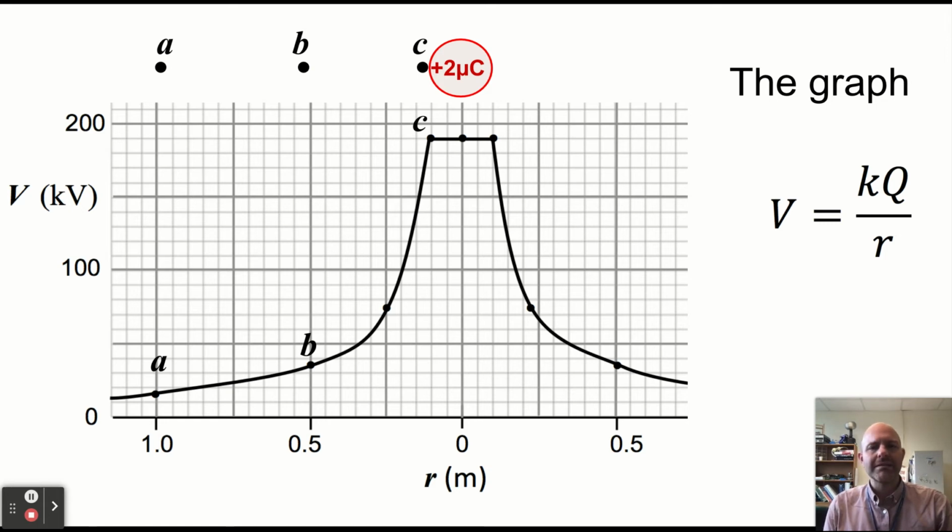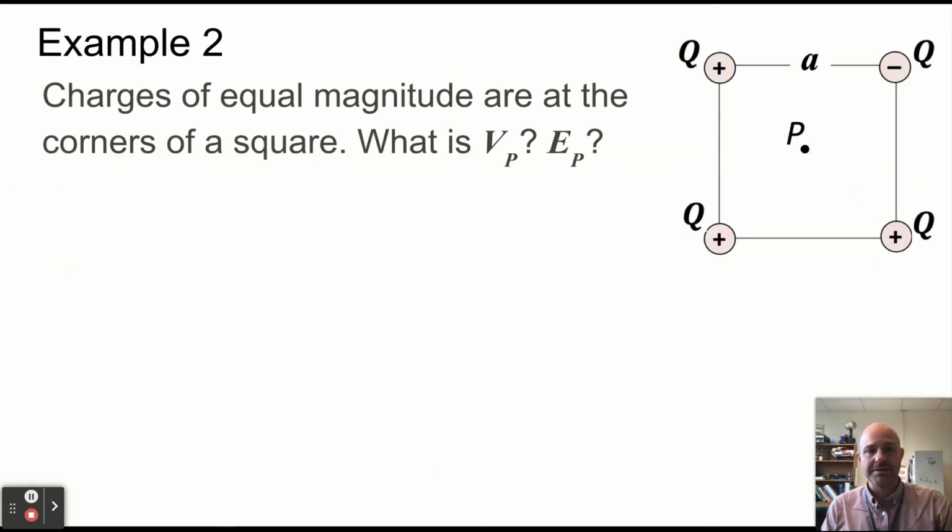Why is the top of this flat inside of a spherical conductor? That's because inside, the potential doesn't change. You have to have the same potential on either side. And this is all about the energy stored, the work required to bring it up to this point. We're going to talk a little bit more once we define the relationship between electric field and potential, and hopefully that will make more sense.